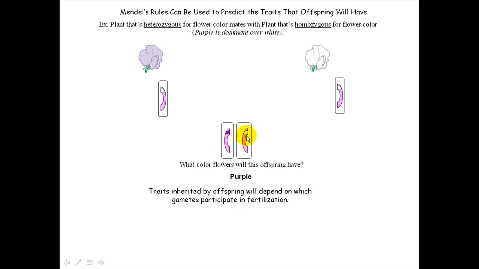The reason is that the offspring is heterozygous, right? It inherited the purple flower allele from one parent and the white flower allele from the other parent, but purple's dominant over white. So the actual flower color of this plant offspring will be purple. If you're interested in keeping tabs on what possible flower colors the offspring can have, we just showed you that it's possible for these two plants to have a purple flowered offspring.